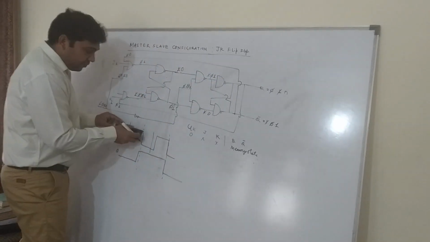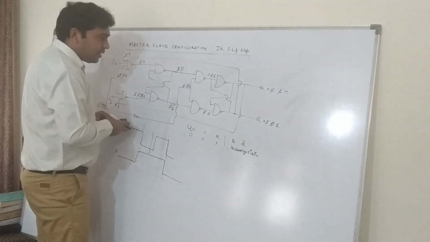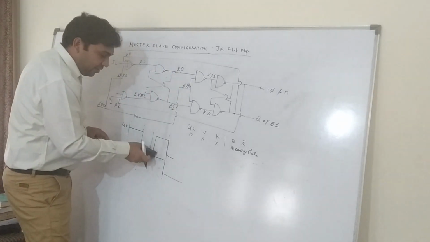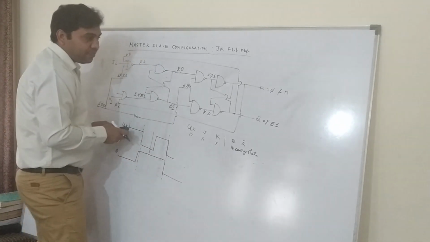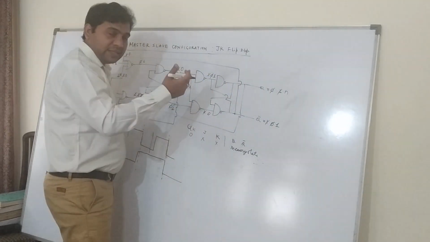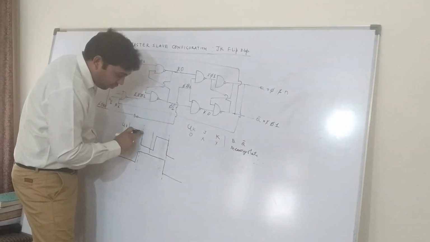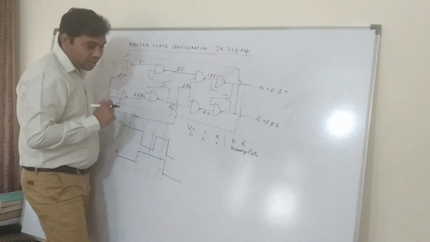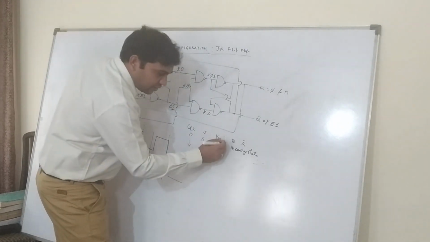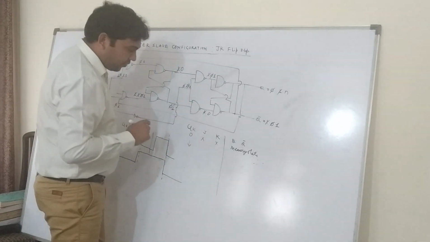Meaning when the clock is at a positive high level, the changes are only at the output of the master flip-flop. As soon as the low level comes, these changes appear at the output. So it seems that the changes are occurring at the negative edge only, whenever the clock changes from high to low. The rest of the truth table remains the same as the previous circuit we have studied.